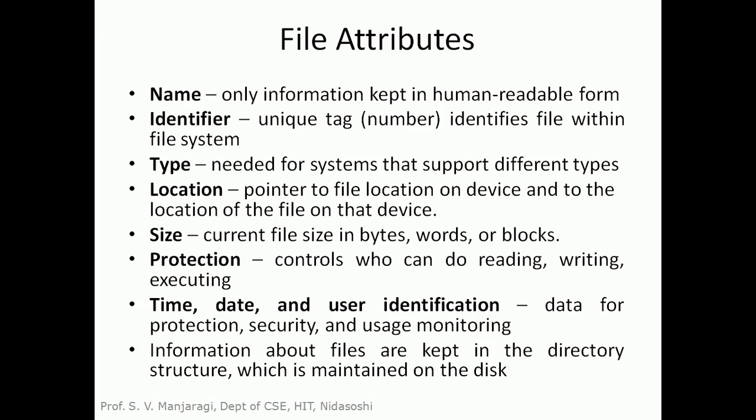Every file is assigned a unique number called the file identifier, which is used by the file system to identify a particular file uniquely. The third attribute is type, which identifies the type of the file, whether it is a data file or a program file.